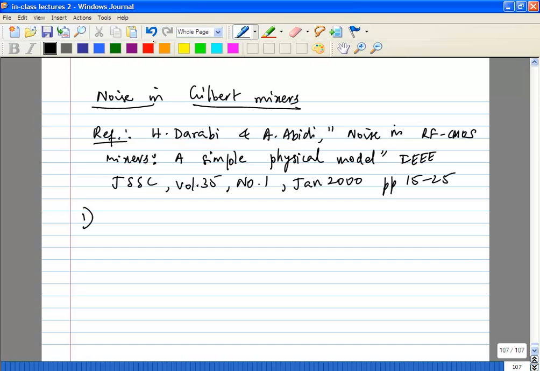Okay, so what are the different sources of noise? First of all, let's look at load noise. That's the easiest to consider. So what did we see? So far we have seen resistive loads.